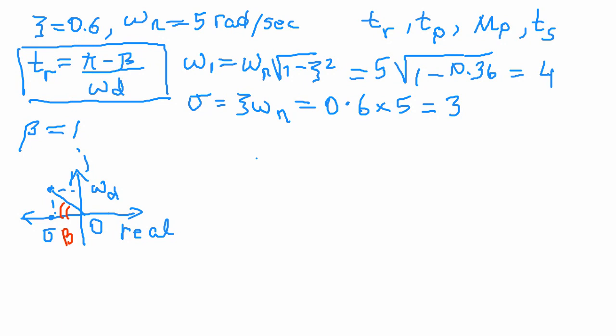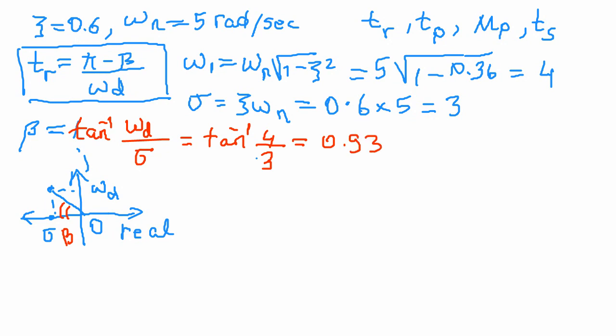So beta is equal to arctangent of omega d over sigma, which is equal to arctangent of 4 over 3, which is equal to 0.93. So we already obtained beta.